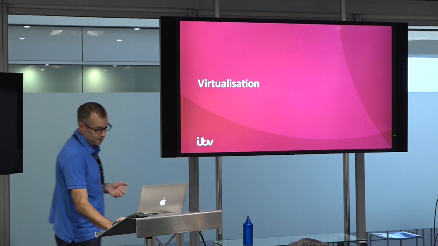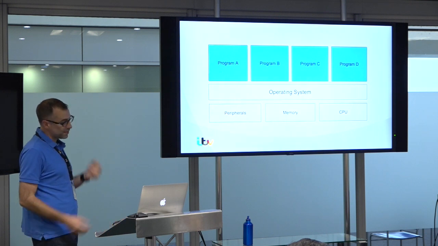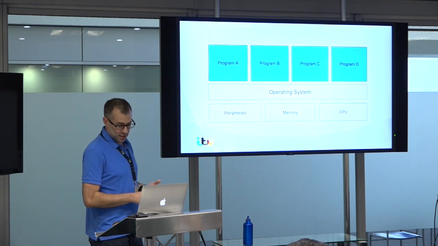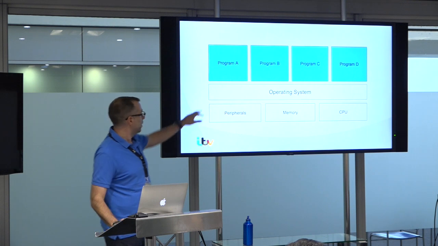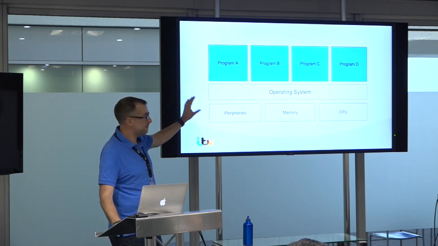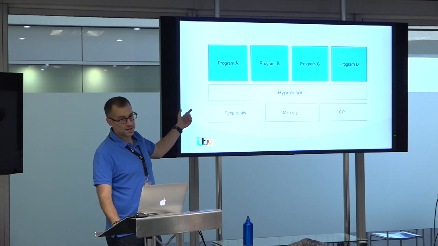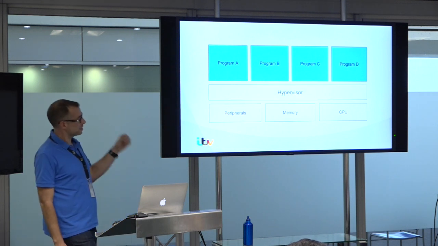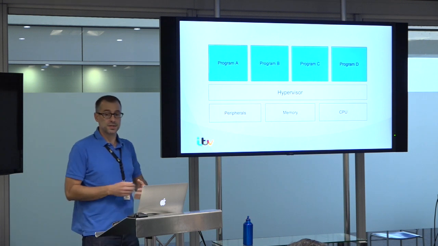Roughly speaking, there are two types of virtualization. We have something that we would call full virtualization, in which instead of the operating system governing access to the peripherals, CPU and memory, you have a hypervisor. And the hypervisor is just a computer program that provides a simulation of hardware.